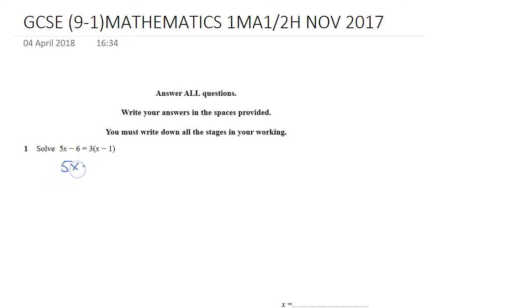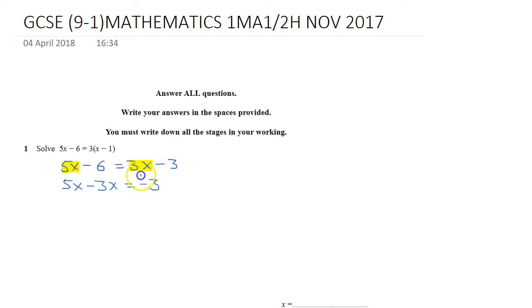So 5x minus 6 is equal to 3 multiply x is 3x, minus 3 multiply 1 is 3. Now these are the like terms, 5x and 3x, we put them on one side. So that is 5x, 3x will come this side and become minus 3x.